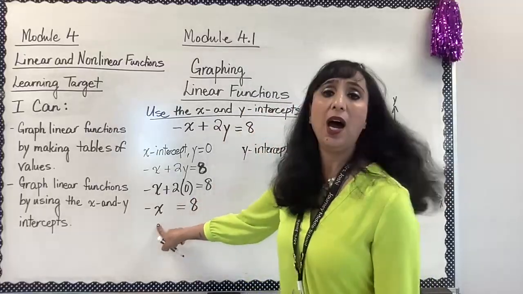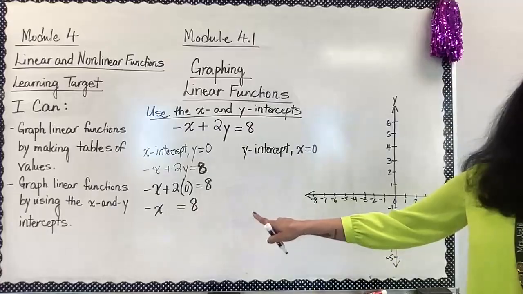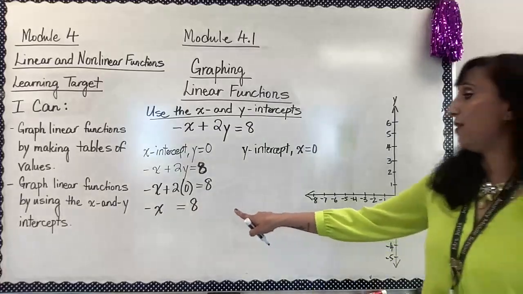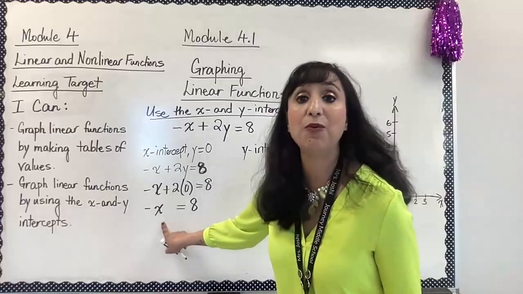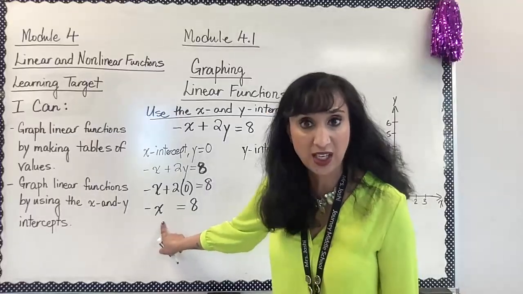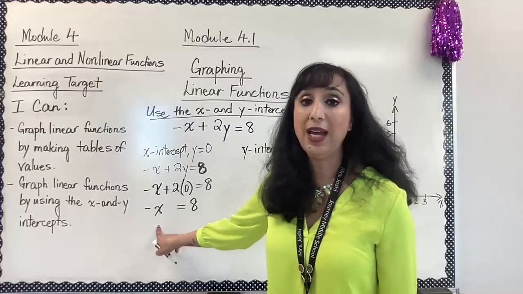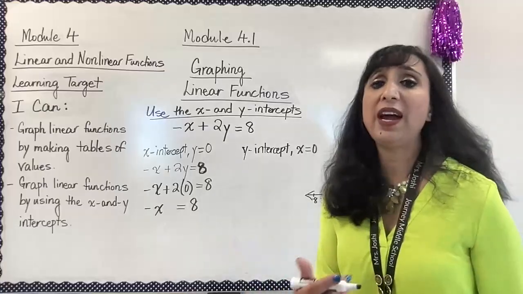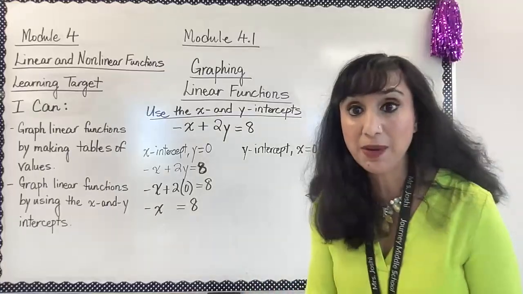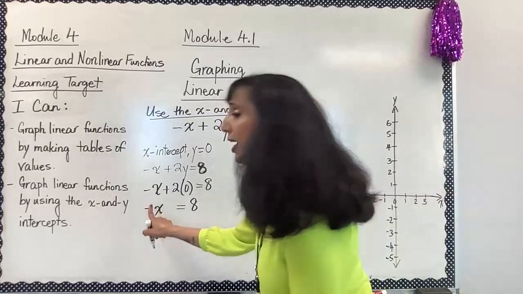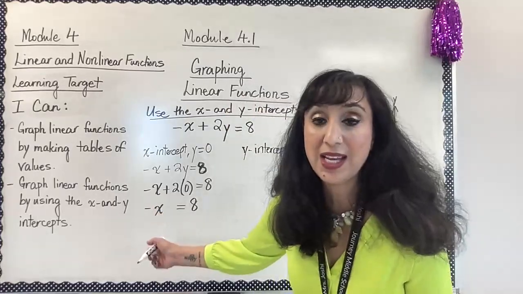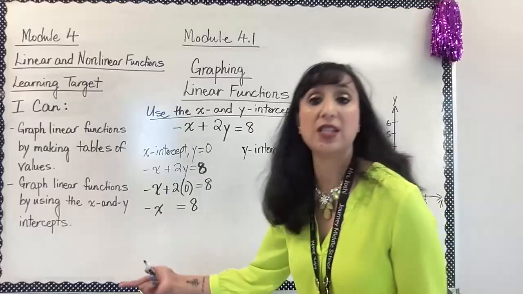And so we are going to now simplify. We're going to divide both sides by negative 1, because what is the coefficient here? It is negative 1. We've got to make the variable positive. Okay? So when I'm dividing both sides by negative 1, because that's what the coefficient is, negative 1 divided by negative 1 is going to give me positive, right?